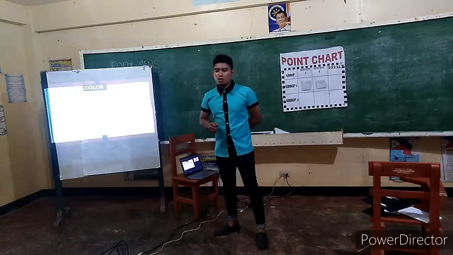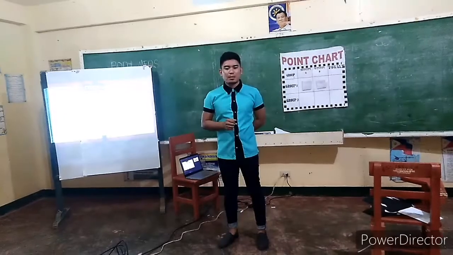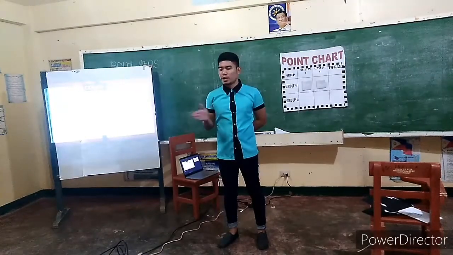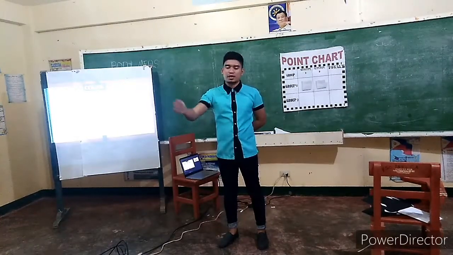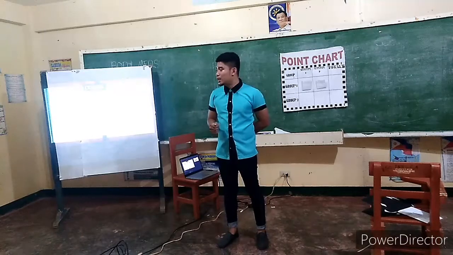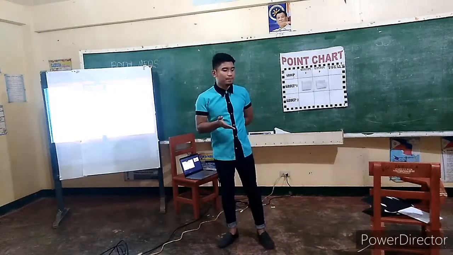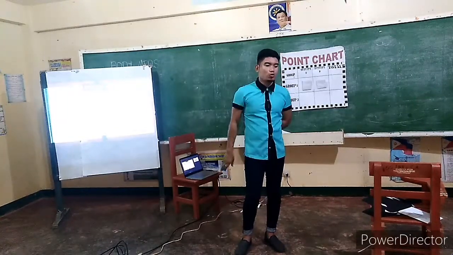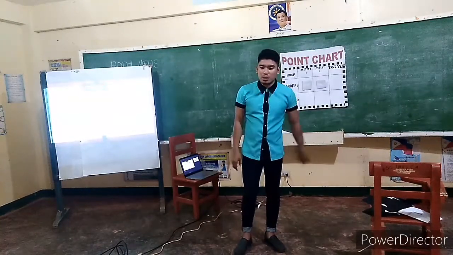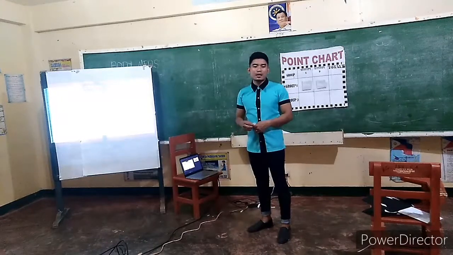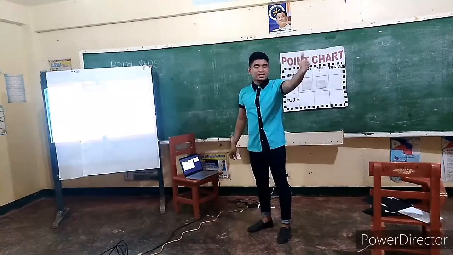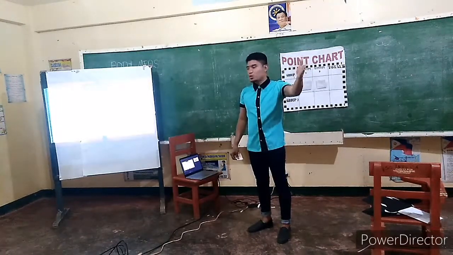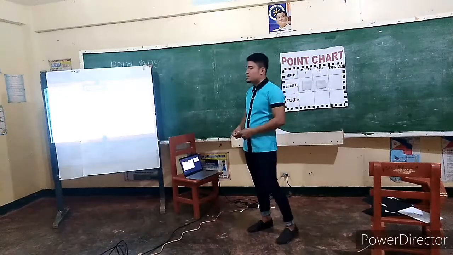what are the examples of the primary color? Anyone? Eden May? Yes, very good. We have red. Anyone? Yes. Okay, very good, Arnel. We have blue. And another one from the back. Yes, very good, Joey Jan, we have yellow.